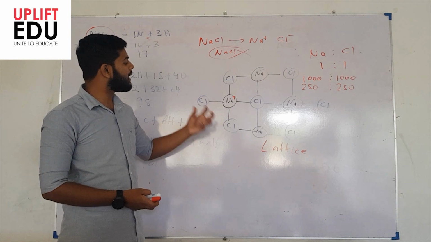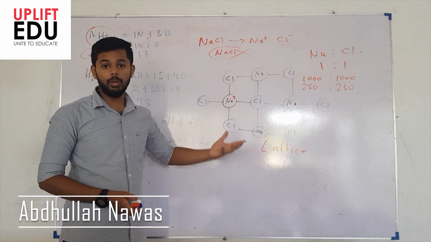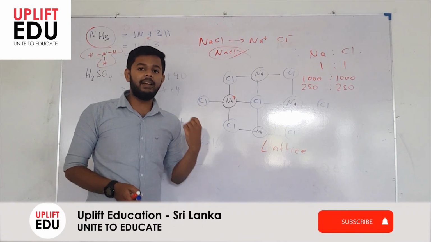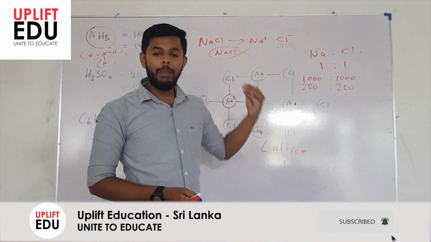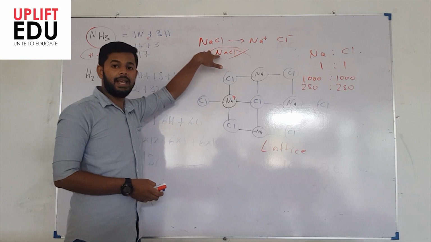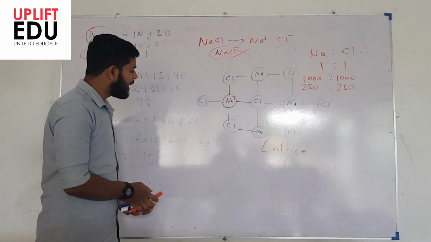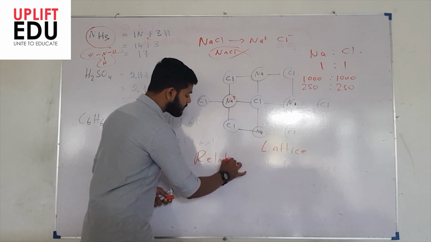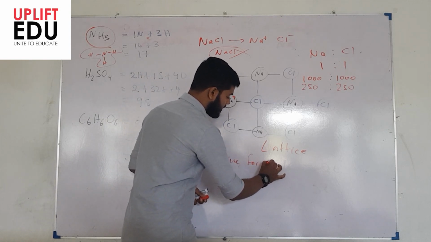So when we are writing the relative mass of this compound, we cannot find the relative mass of the entire compound, but we can find the relative mass for this formula. For sodium chloride, we give the special term relative formula mass.